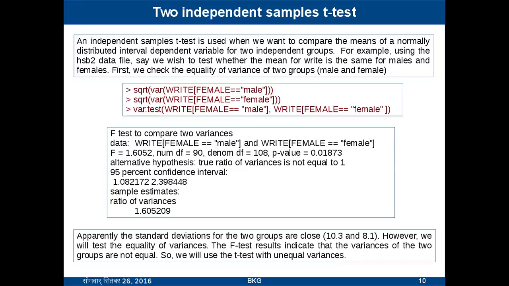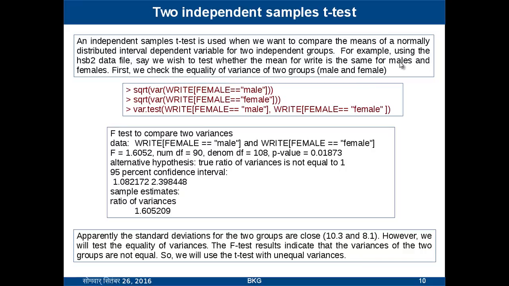Now, the two-sample independent t-test is used when we want to compare the means of a normally distributed interval dependent variable for two independent groups. For example, using the HSV2 data file, we can test whether the mean for writing is the same for males and females.